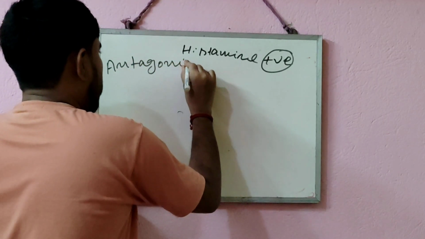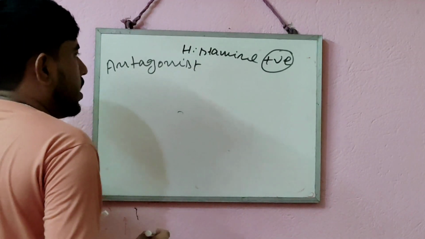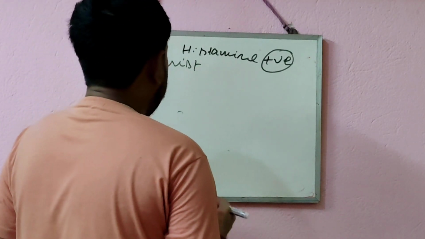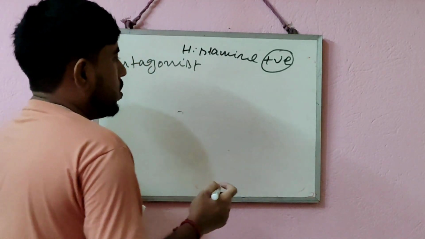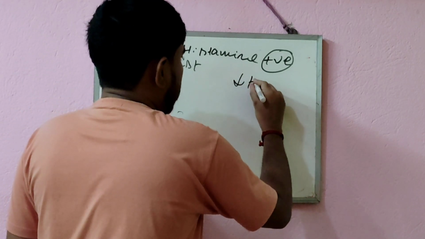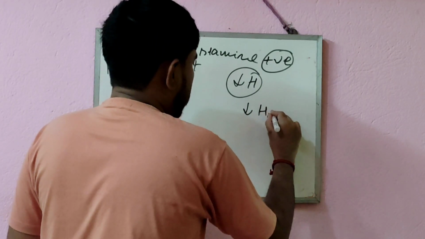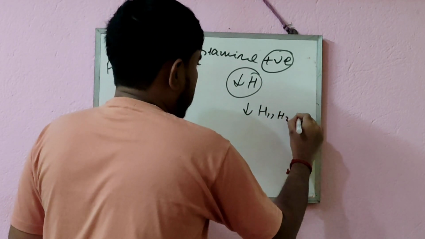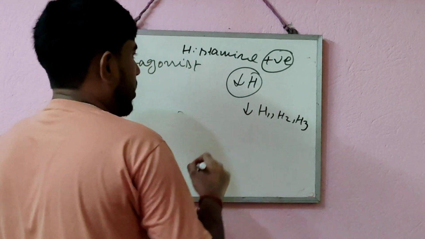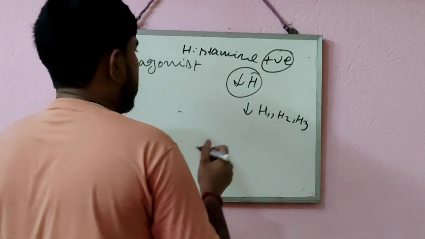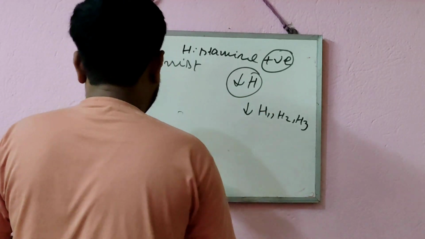So now we are going to study the different drugs that we take from outside to do the opposite action of histamine by inhibiting the action of the H1, H2 and H3 receptors. All these drugs are called histamine antagonists or histamine receptor blockers.